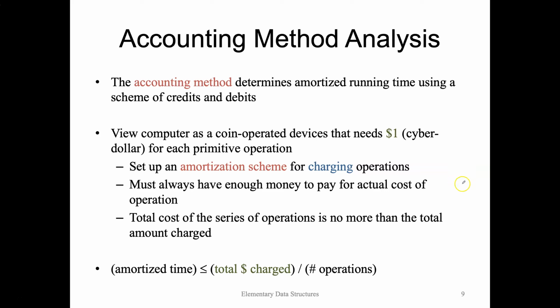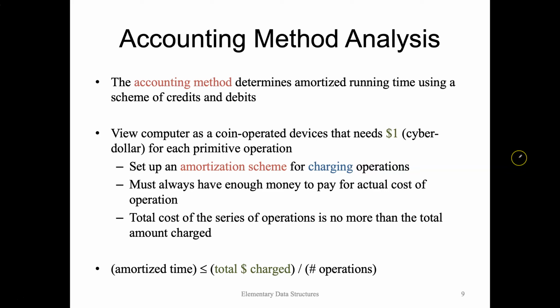And the key is that the computer must always have enough money in its bank from what we paid it in order to pay the cost of each primitive operation. So we pay the computer for the operation we want to figure out the amortized cost of, for push, for example, and the computer keeps that money and uses it in order to pay for the primitive operations.